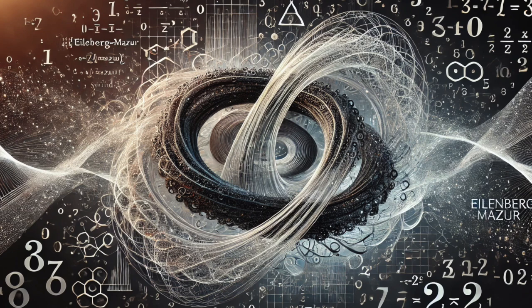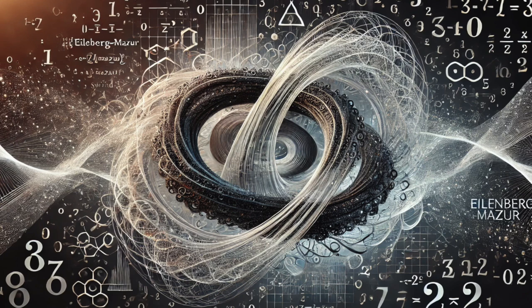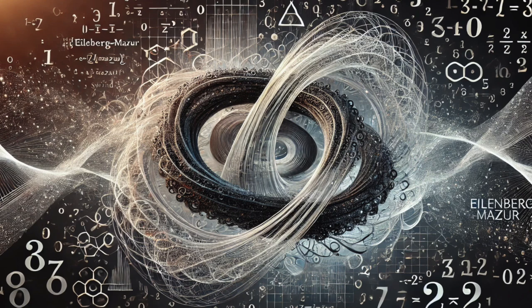Yeah. And all because we started asking deeper questions about infinity. Exactly. And one of the key players in this whole mathematical earthquake was Georg Cantor. He was a German mathematician who really revolutionized how we understand infinity. And his work actually ties directly into the challenges that the Eilenberg Mazur swindle exposed.